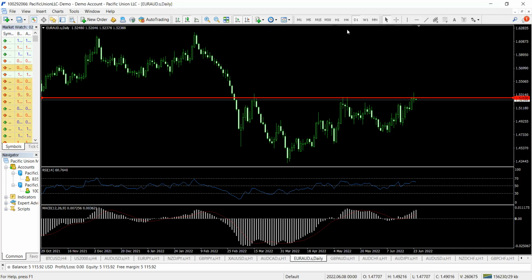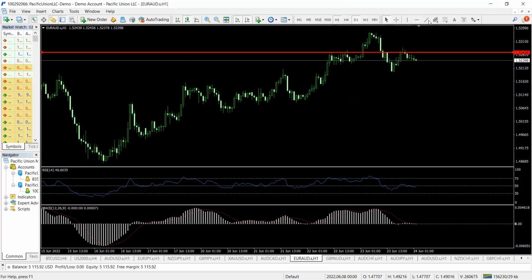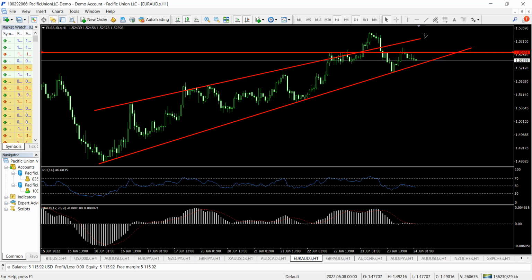So if we zoom down to 1 hour time frame, we can cite the rising wedge, which is equally another strong reversal pattern. Yeah, we have a good rising wedge being formed here on our time frame, and also we can see the formation of a head and shoulder pattern, and price is already trying to break out of the rising wedge, out of the trend line here.